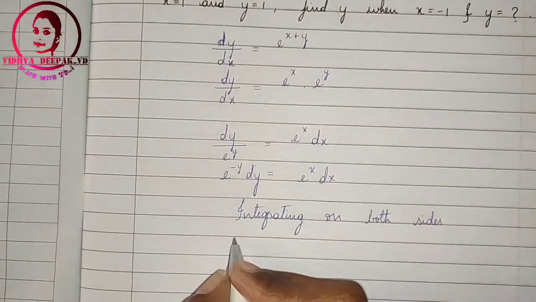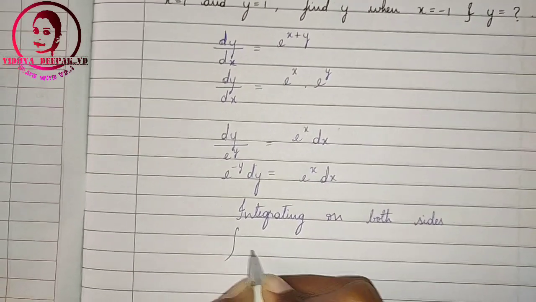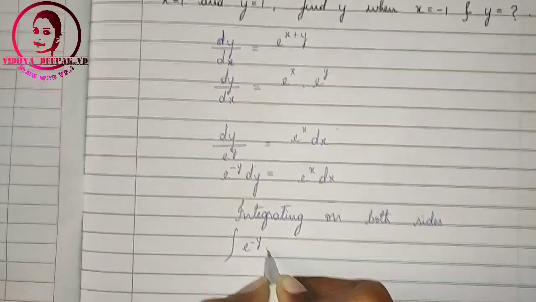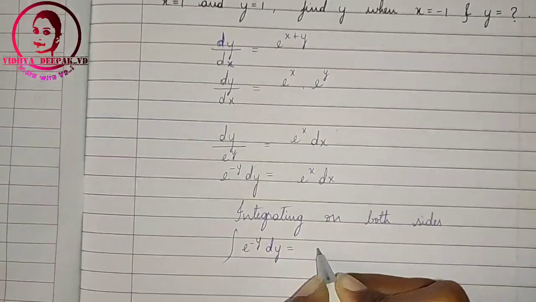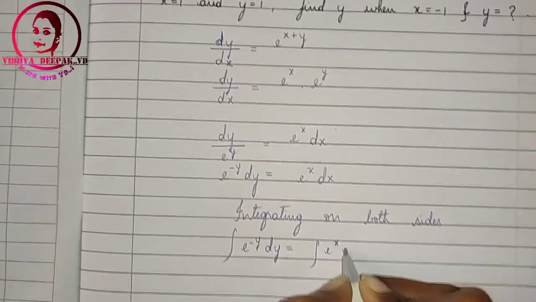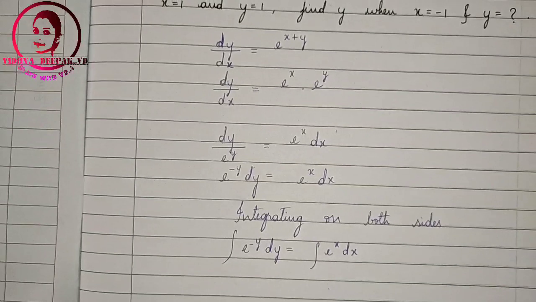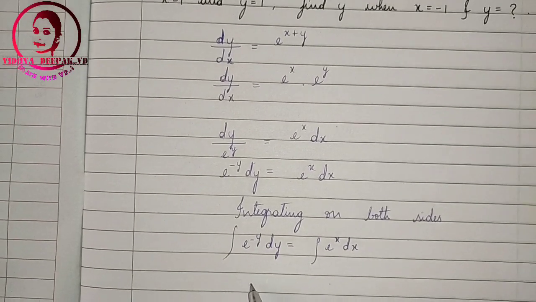We will have integral of e to the power of minus y dy is equal to integral of e to the power of x dx.